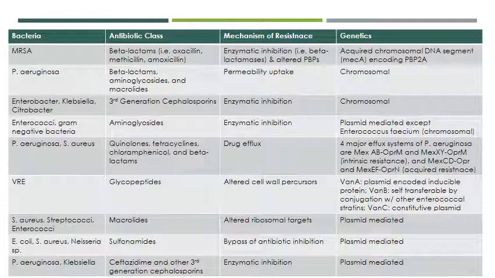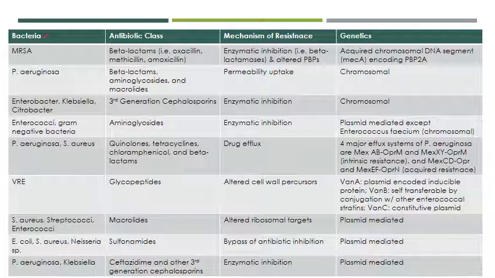So here is a nice tidy chart that gives you the emerging organisms that we're looking at, which class of antibiotics they are resistant to, how they're resistant, their mechanism of resistance, and if there's any chromosomal aspects that could potentially lead to a molecular screen for that particular organism.